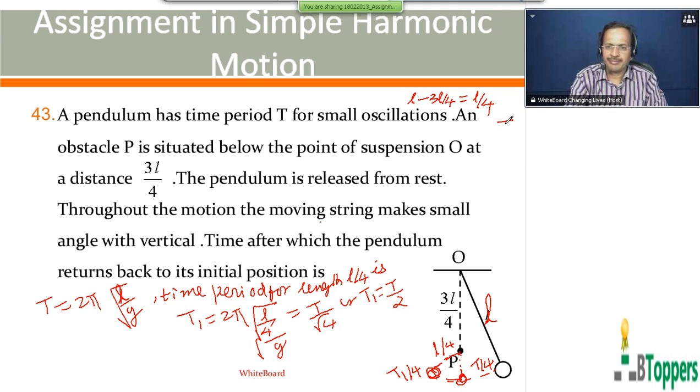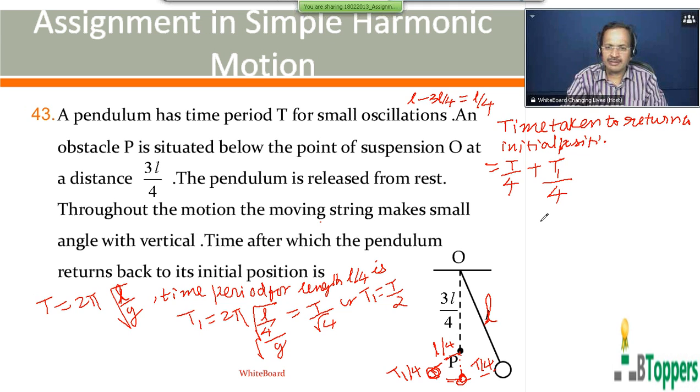So the time taken to return to the initial position, that is the new period of oscillations, is equal to: first, it takes a time equal to 1/4 of the original time period to reach the lowest position. Then the time taken from the lowest position to the other extreme position is 1/4 of the time period for length l/4.